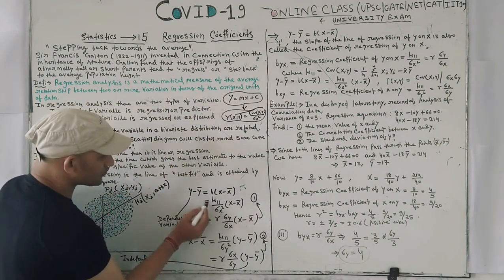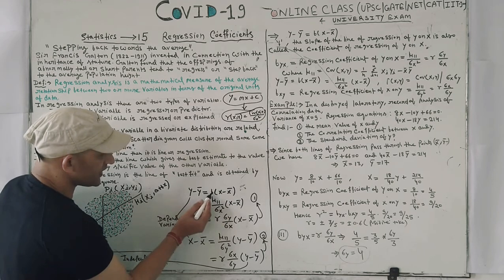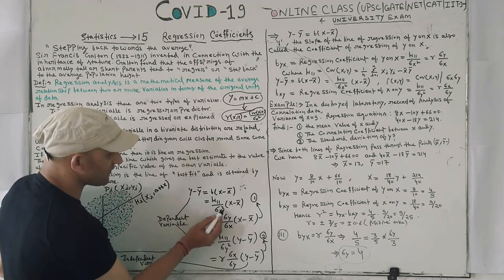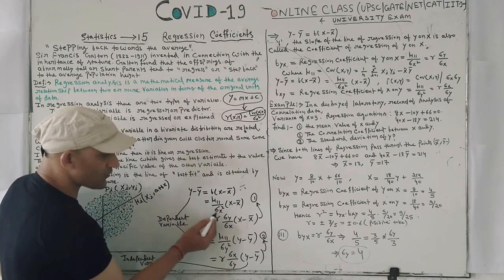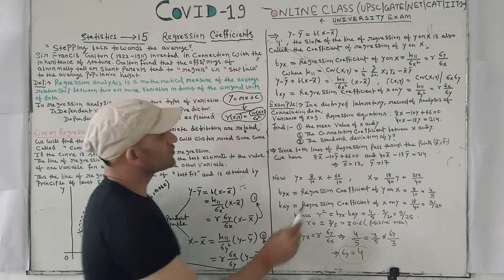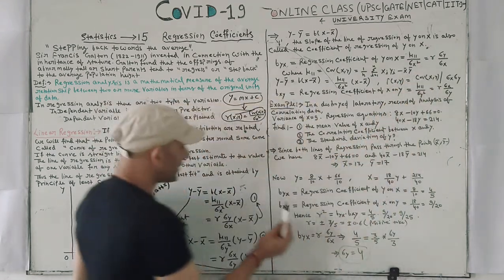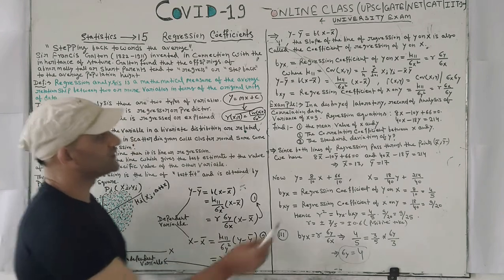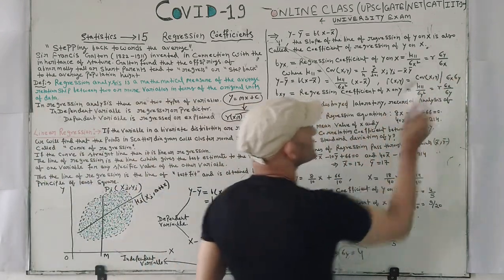You can see y minus y bar is equal to b times x minus x bar, and in place of b we have written this. So this b is the regression coefficient, and mu11 upon sigma x square is the regression coefficient of y on x. In place of mu11 upon sigma x square we have written r sigma y upon sigma x.